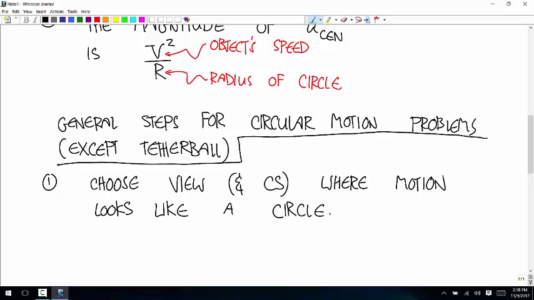So if something's moving in a circle like this, then the view you want to take is looking at it from the side. If the circular motion is like this, then the view you want to take is a top-down view. Because if you look at it from the side, you can't see that it's a circle, you just see that it's going back and forth. So you need to choose a view where you can see that it's a circle.